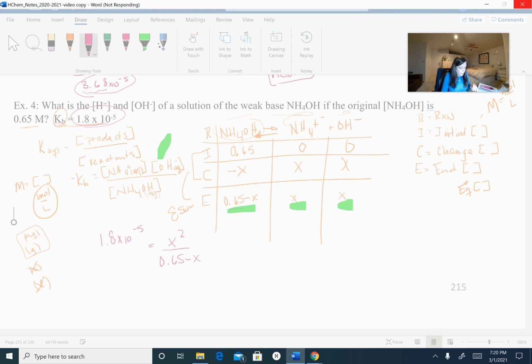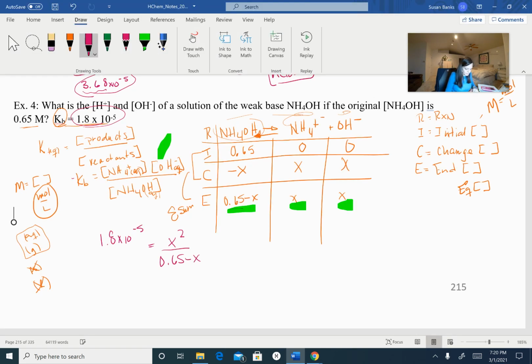So that 0.65 minus x, I can basically ignore that minus x. This x right here is so small that I can ignore it. I can just ignore it. So I'm going to ignore it.